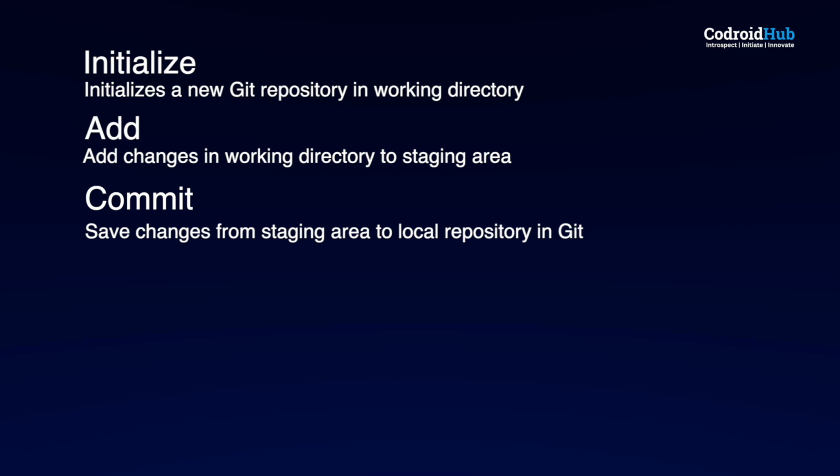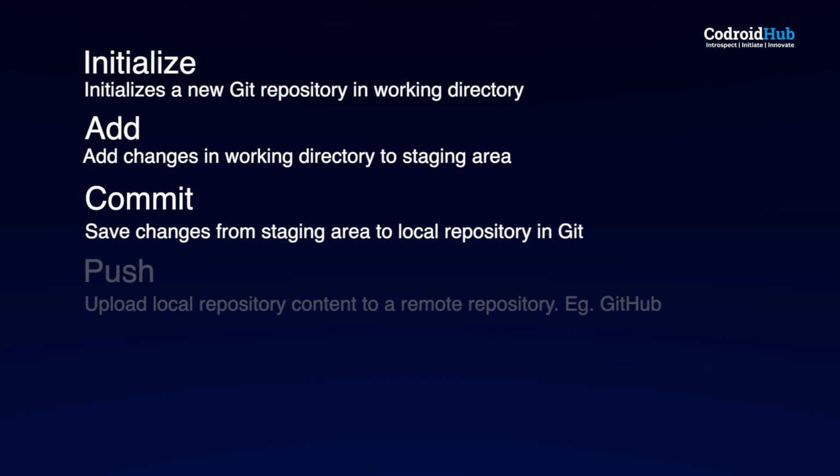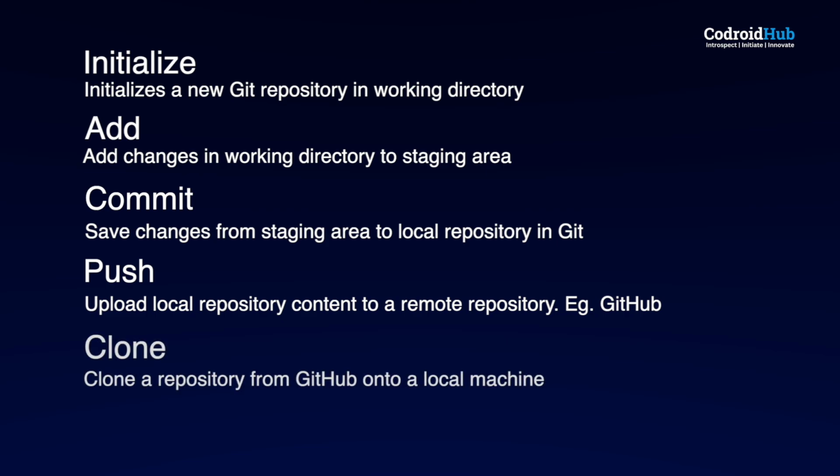Committing saves the changes in your local repository. Your local repository is the hidden .git folder. Push command uploads code on local repo to remote repo like GitHub. And clone command is used to copy a repository from remote location like GitHub to your local machine.